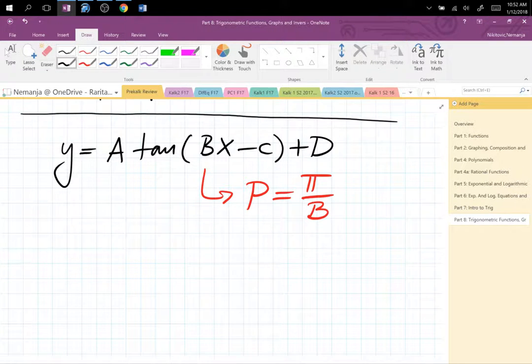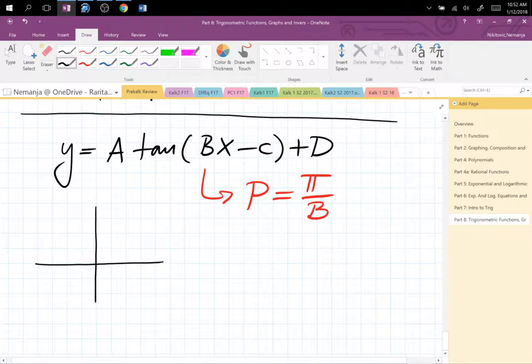We already saw that tangent is sine over cosine, and you can actually divide the points that you get and plot. But we can also just say what it is. It's going to have vertical asymptotes at all places where cosine is equal to 0, because cosine is in the denominator, right?